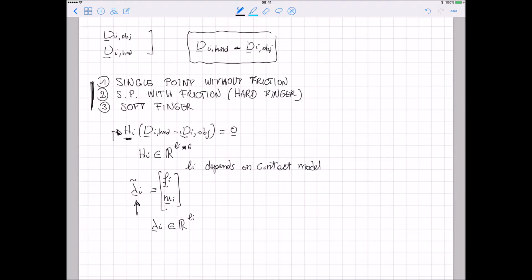So for example, if my contact model limits only one component of motion, I will get only one component of force as a reaction. And I can relate the complete contact wrench to the components that are different from 0 through the transpose of the H matrix that we have used to define the relative constraint twist.